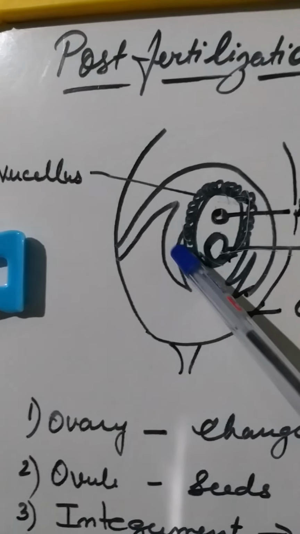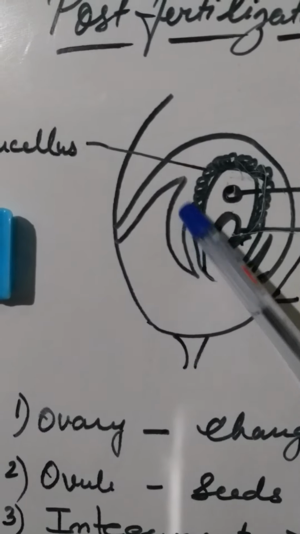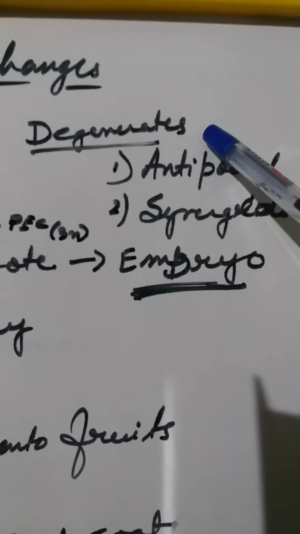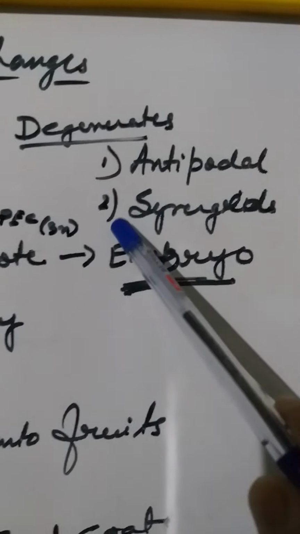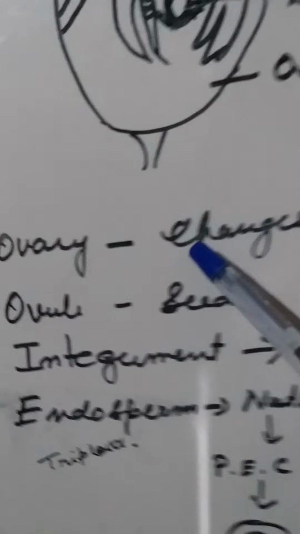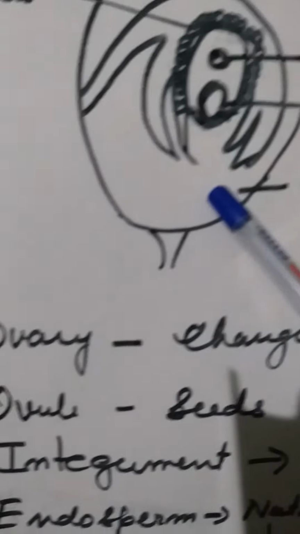What you can see surrounding the ovule is the nucellus tissue. This we will deal with later. You can just remember that what degenerates are the antipodal cells and the synergids, and this zygote develops into the embryo, and we would be dealing with this embryogenesis here, and this is the wall of the ovary.